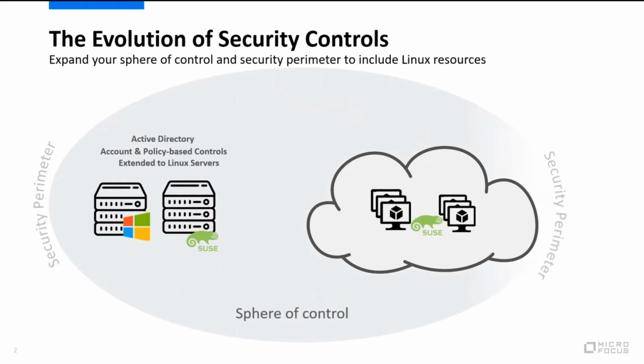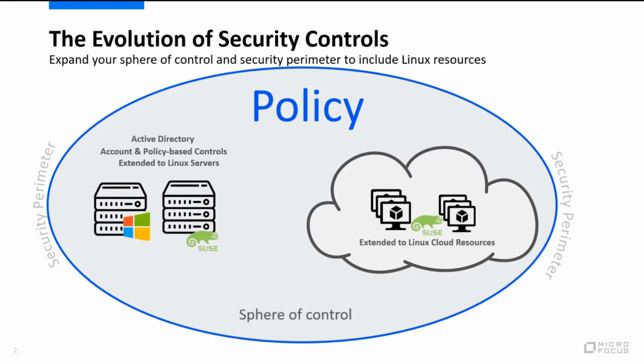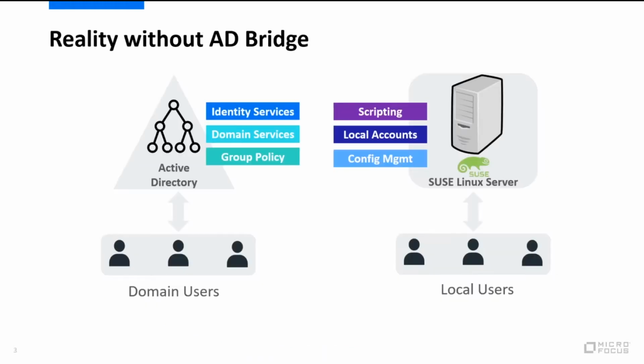What if you could take that control you have to wrap your security perimeter around the cloud, regardless of whether it's in Amazon AWS, Google, private cloud, wherever? And you could have that sphere of control, and then you could wrap a policy around it. I'll get into what this means when we talk about policy. We've got a good demonstration for you, but this is a way you can get tighter control over your environment.